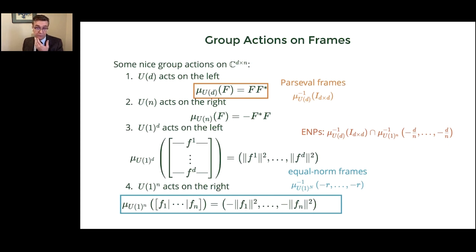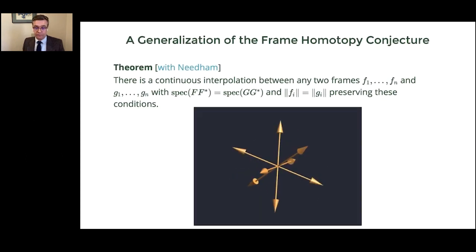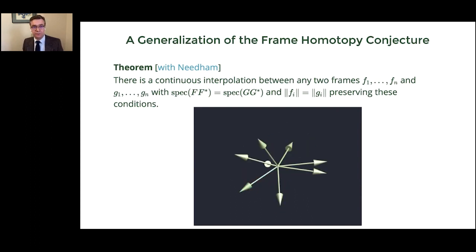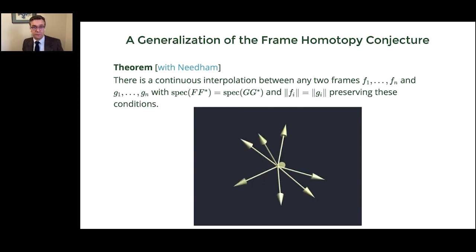And it turns out that the moment map of a product is just the product of the moment maps. And so I can think of equal norm Parseval frames as a level set of some product group action. And if you remember, Atiyah's theorem said that level sets are connected. And so this gives you, once you've set everything up, an extremely simple proof of what we call the generalized frame homotopy theorem.